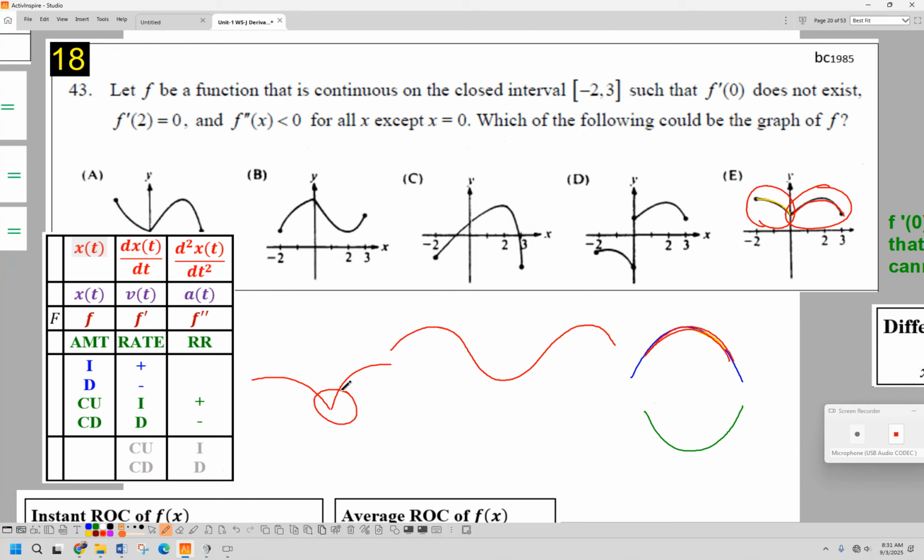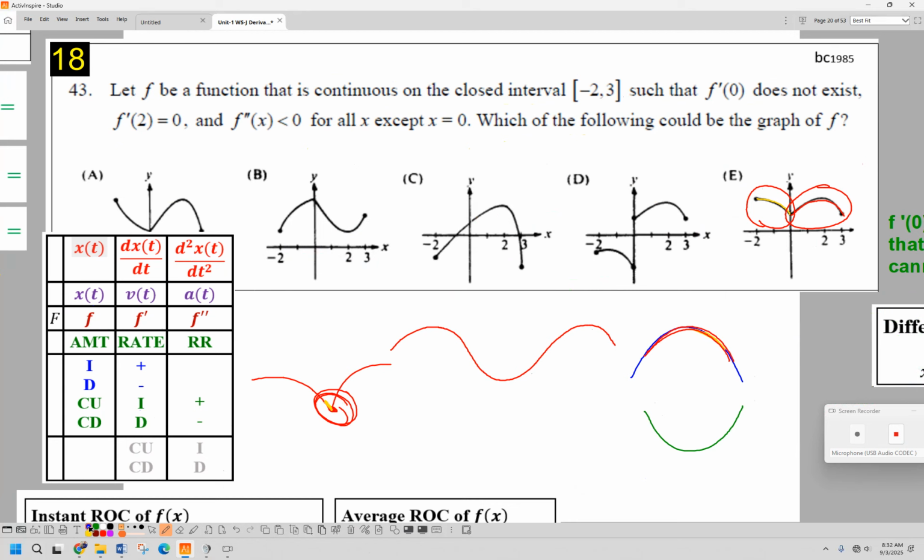So will the F prime graph have a discontinuity in it because of that corner? The F prime graph will not have a dot at x equal 0. In fact, what you would see is this, Aspen. The slope right here just before the corner, positive or negative? Good.